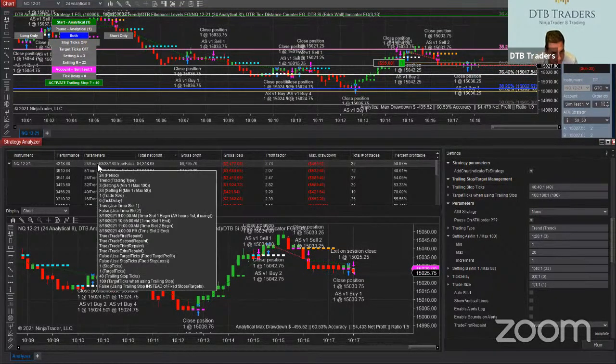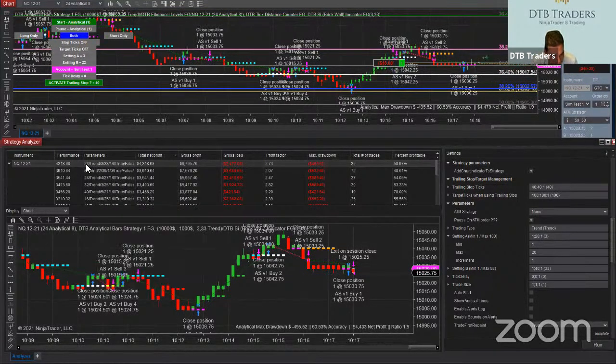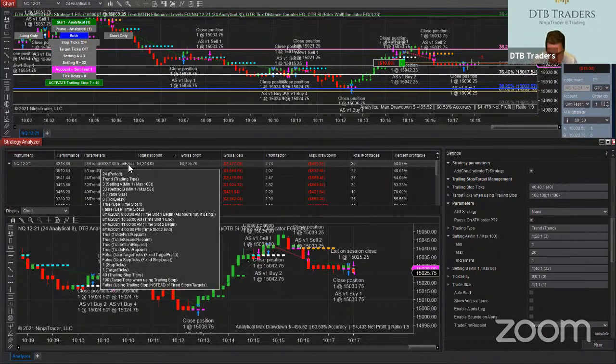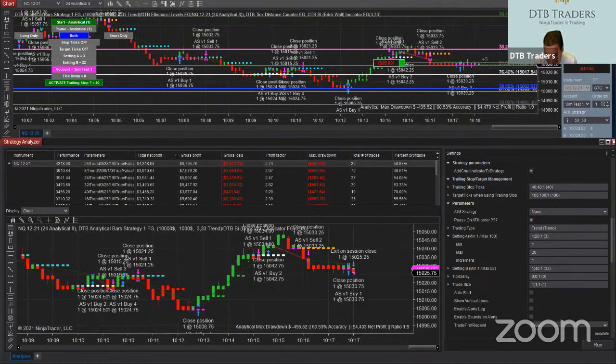The same settings are still present on the optimizer. So the exact same settings that we started off on in the session are still running as the best possible settings.